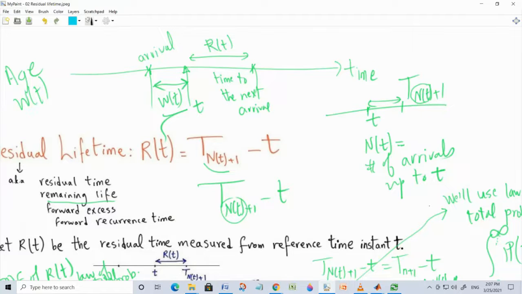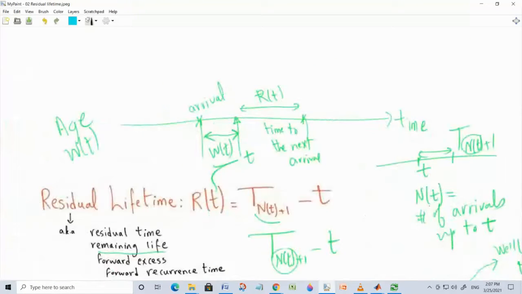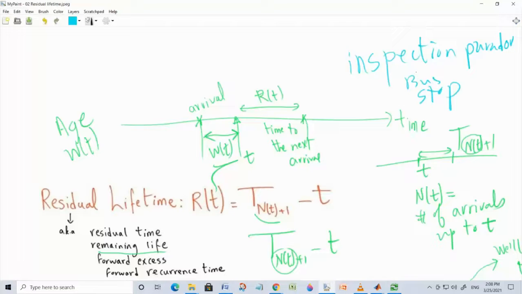Some people make arguments like this. You can go and check this. Some people call it the bus stop paradox. It has several names, the inspection paradox. You can just Google it, inspection paradox, or bus stop paradox, or it depends on what reference you are talking about.